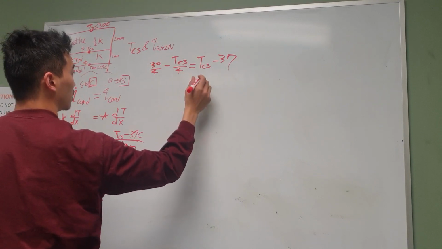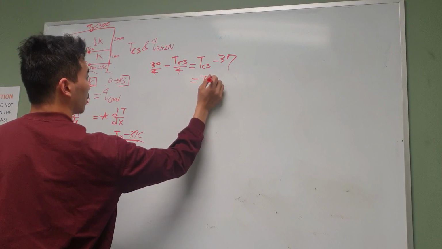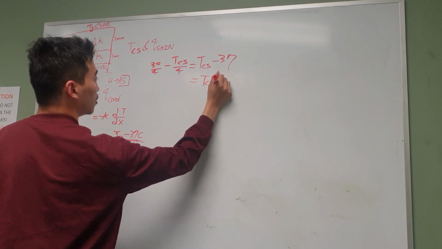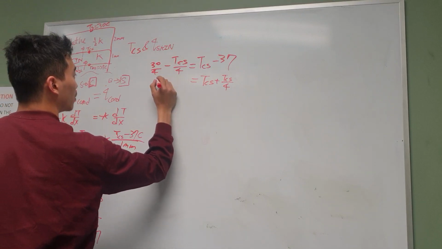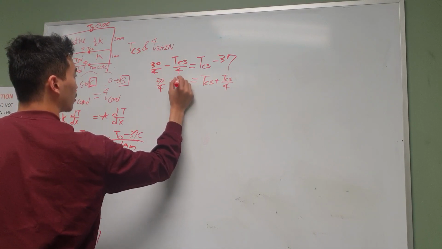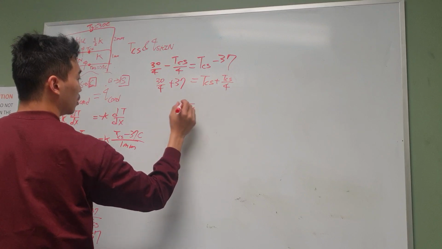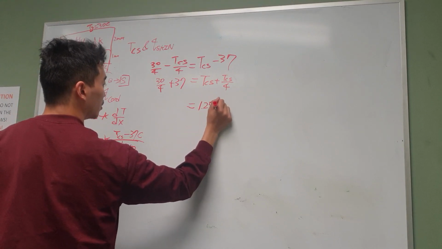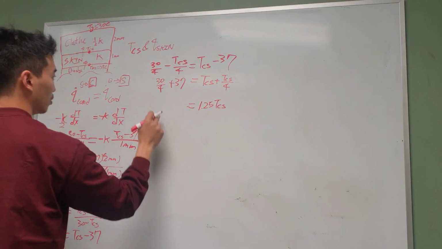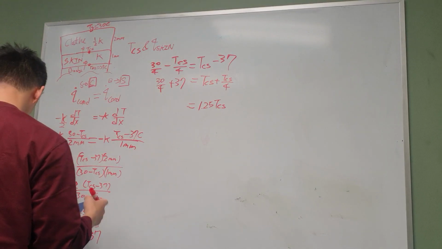We're going to isolate this TCS by moving everything to the right, to the left, 4 plus 37. So we have 1.25 TCS equal to this number.